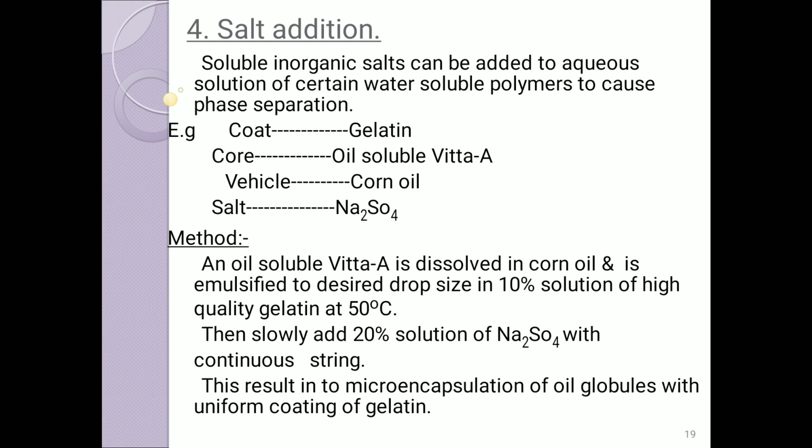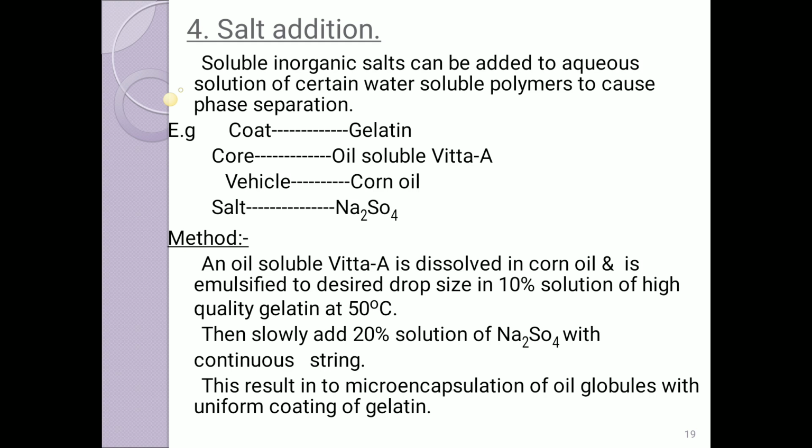Before adding Na2SO4, the gelatin is solubilized and working as an emulsifying agent, so you obtain a very well mixed emulsion of oil and emulsifying agent. But when you add the Na2SO4, the salt converts the gelatin into a harder form.